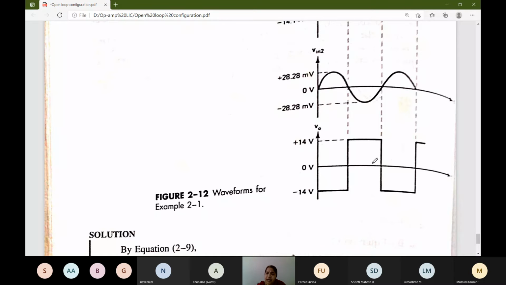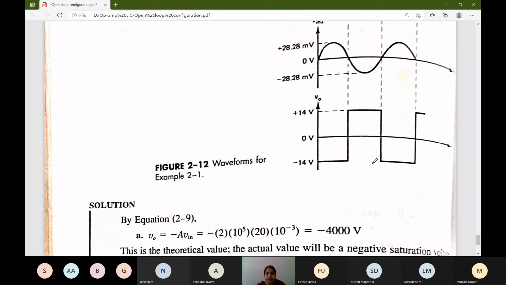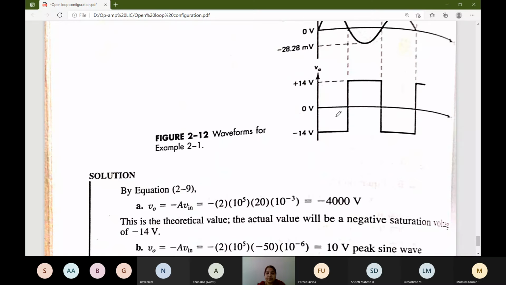If the gain is very high, this open loop will still not give that high output because of the bias voltage. Even if our output voltage is 4000 volts, it will stop at 14 volts because of the biasing voltage required for the op amp. That you have to remember. Theoretically, you will get 4000. Okay, this is the theoretical value.